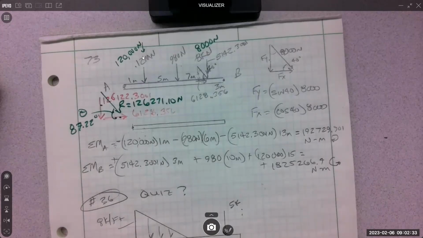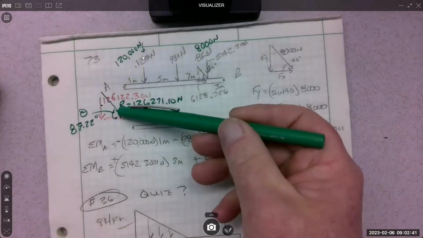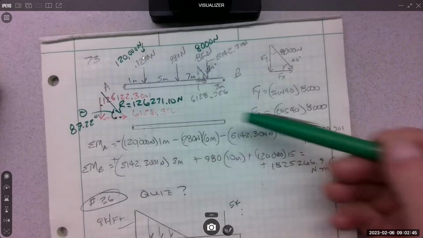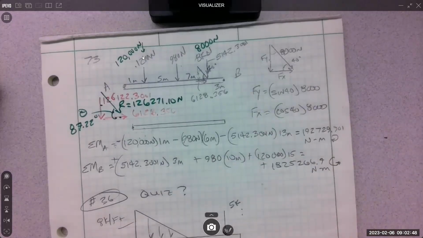Because to fully define a vector, you have to have magnitude, direction, that's the angle, sense, which is the arrowhead pointing down, and then point of application, like where is it on this beam? Those four things.